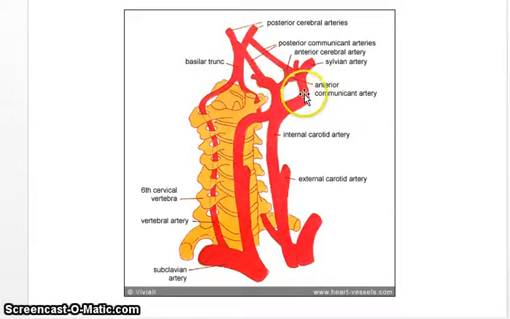On the left side, you also have an anterior cerebral and middle cerebral, and then you've got this anterior communicating that joins the two anterior cerebrals. Meanwhile, you've got the right and left vertebrals. They join together to make the basilar, then bifurcate to make the right and left posterior cerebrals. And then you have these two little posterior communicating arteries that join everything together, which makes the Circle of Willis.